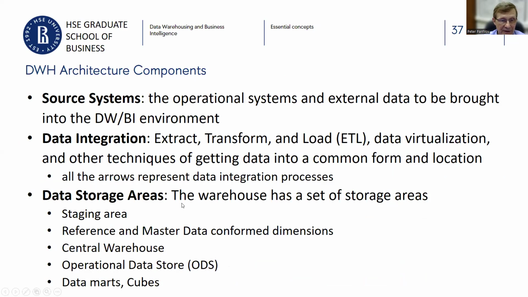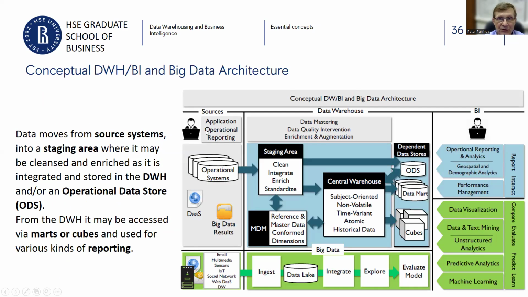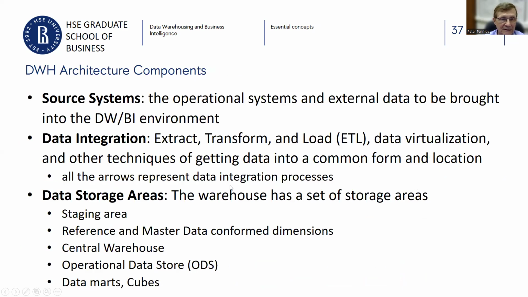Then data storage areas, another component of this diagram. Here we have the staging area. Staging area is an intermediate data store between original data sources, applications, and external data sources, and the centralized data repository, the data warehouse.